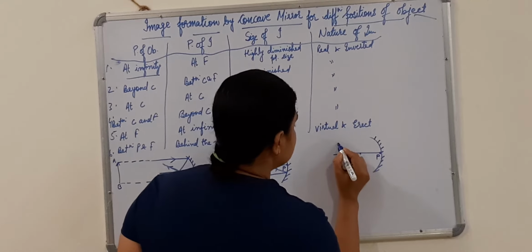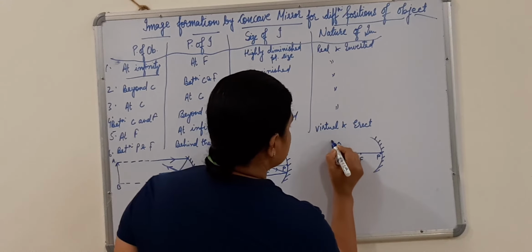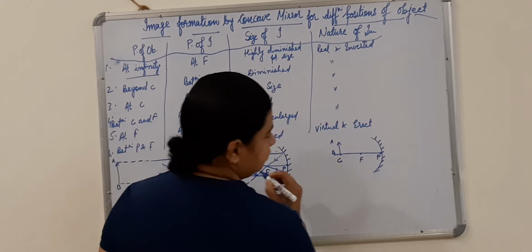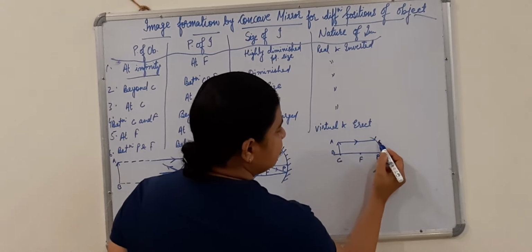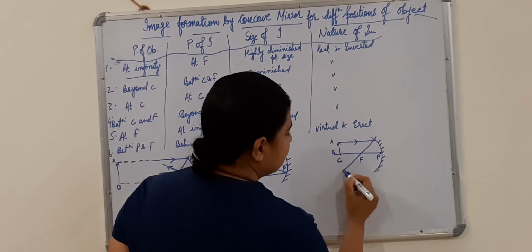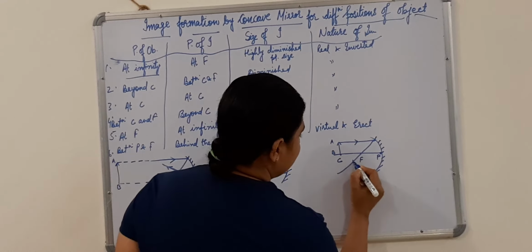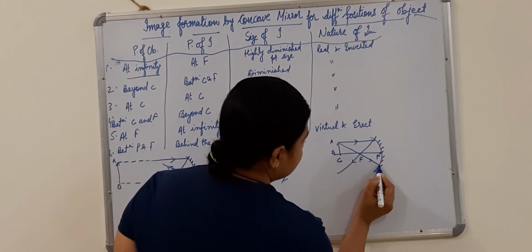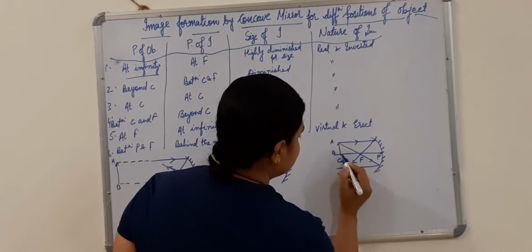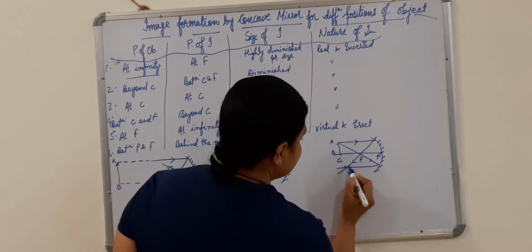Now the object is at C. This is my object AB. I am using the same rays, a parallel ray which after reflection passes through the focus. Another ray passing through the focus will hit the mirror and be reflected as a parallel ray. Now where have these 2 rays met? At this point.